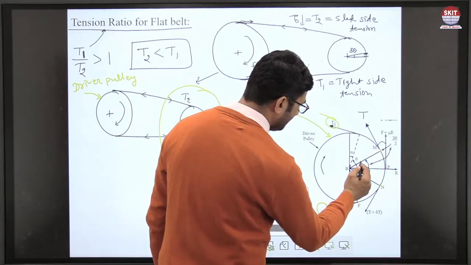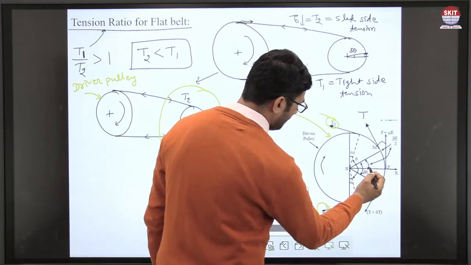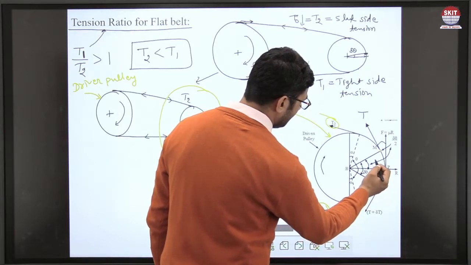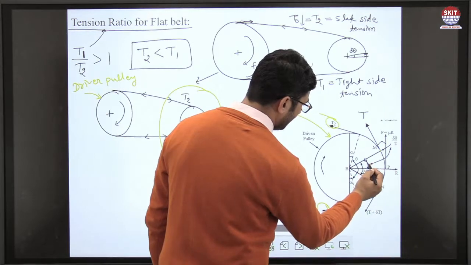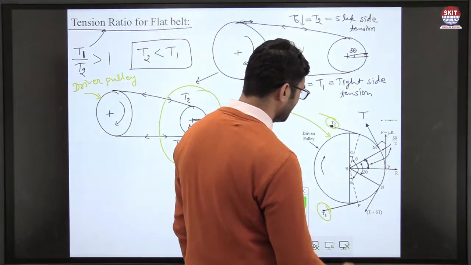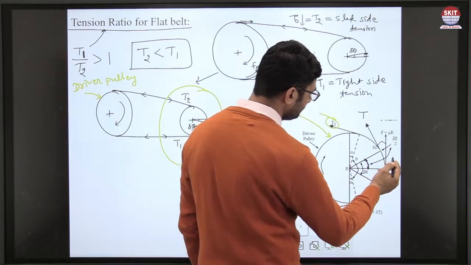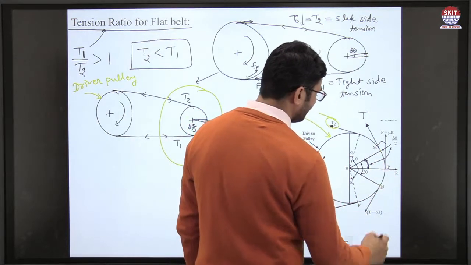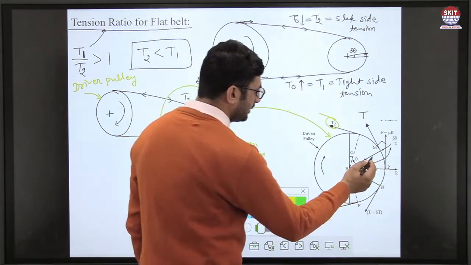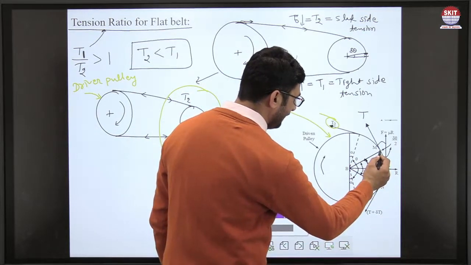This is the angle del theta, and half of del theta is del theta by 2. This is the half angle of del theta. Total angle of contact is theta. Now on the portion Mn, we find the force which is applied on the belt Mn.